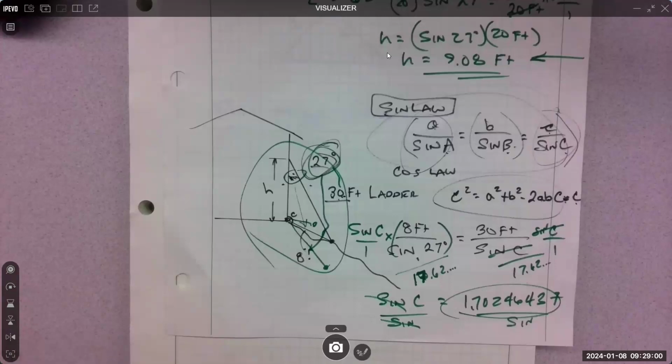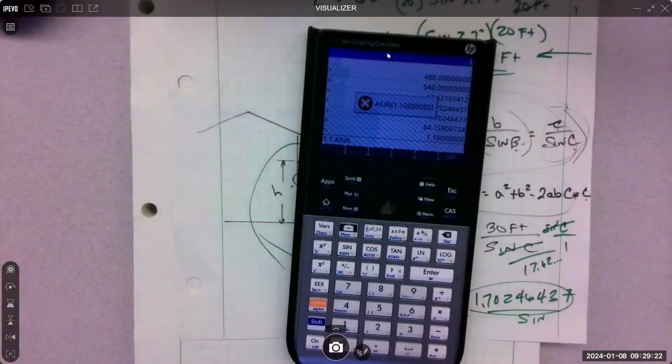Your calculator hates it. Think if you put in 0.9 and then go arc sine, it'll do it, 64. But like 1.1 arc sine gives you error.